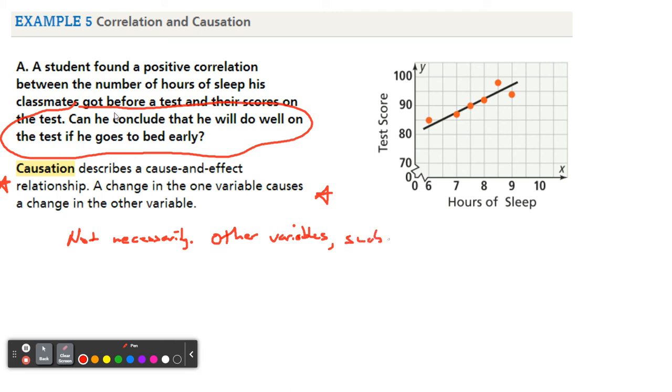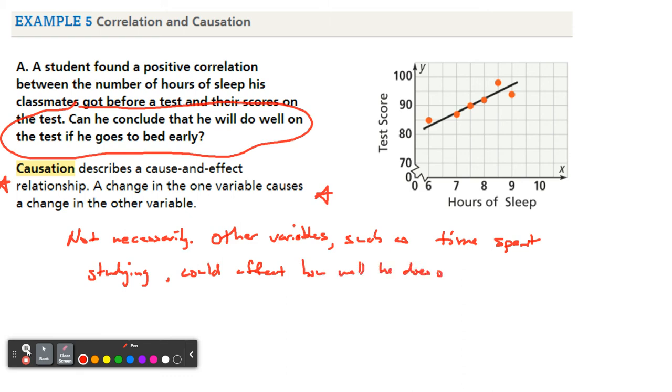Other variables such as time spent studying could affect how well he does on the test.